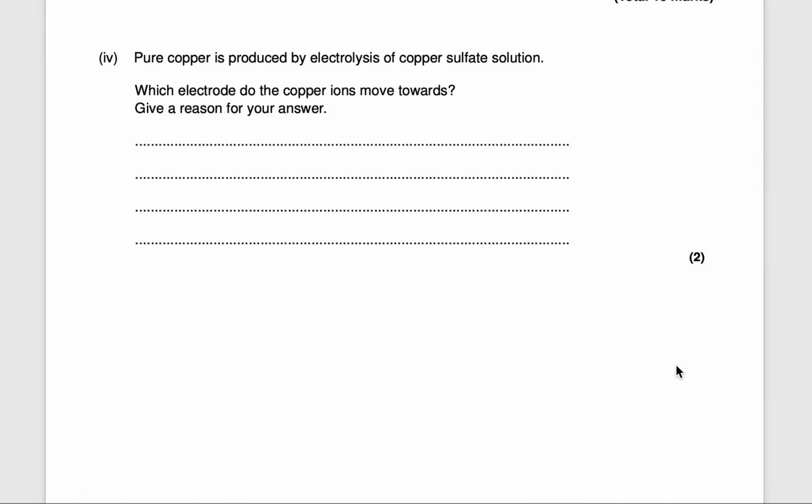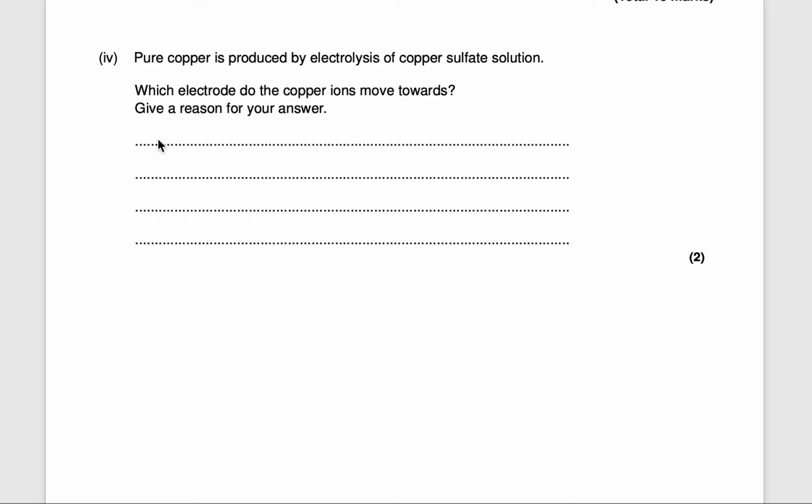Okay, final question now. Pure copper is produced by electrolysis of copper sulfate solution. Which electrode do the copper ions move towards? Give a reason for your answer. Well, copper has a charge of either plus or 2 plus.